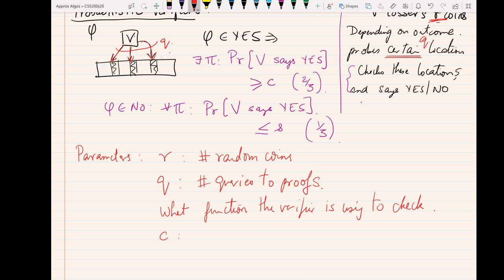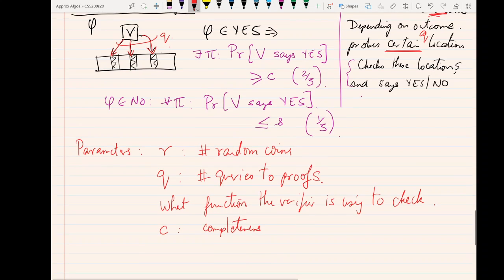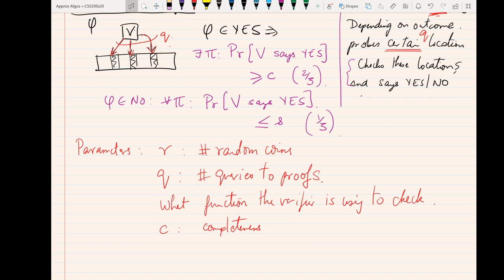Finally, C, which is the probability of saying yes on actually yes instances. This is often called the completeness probability, or just completeness as a property. And S is often called the soundness, which is the probability with which it says yes to the wrong instances.